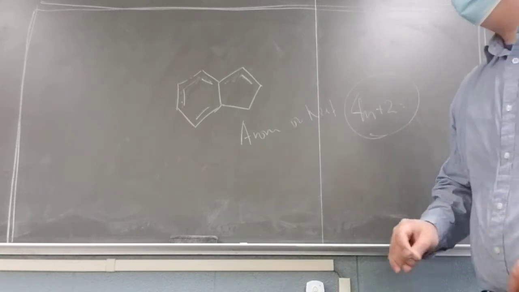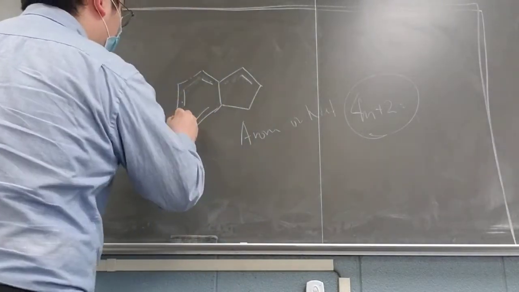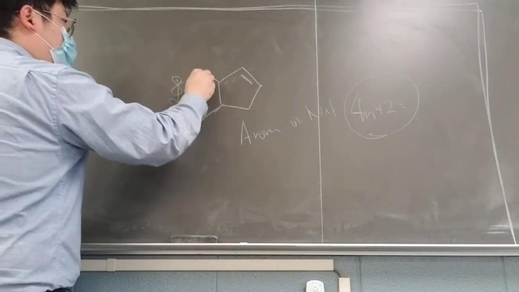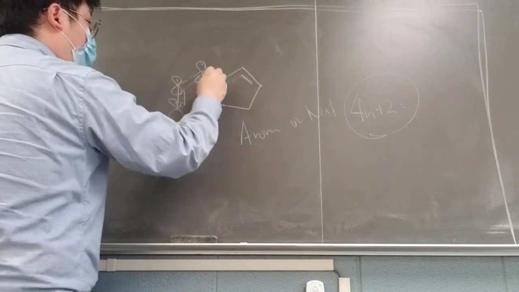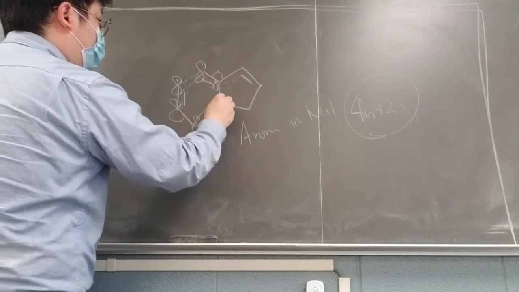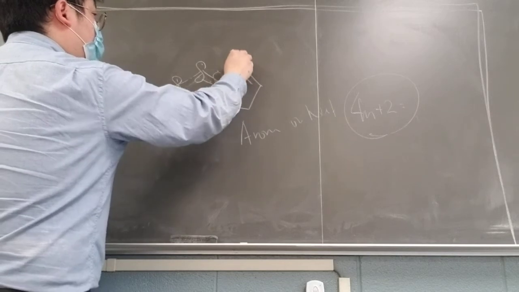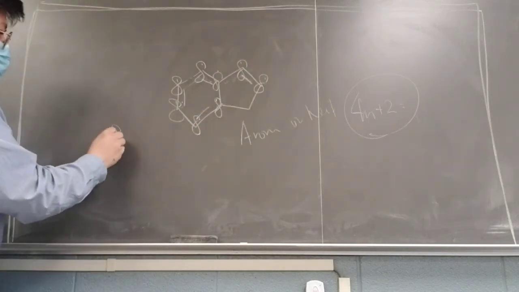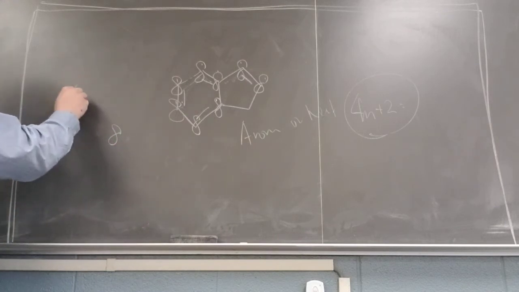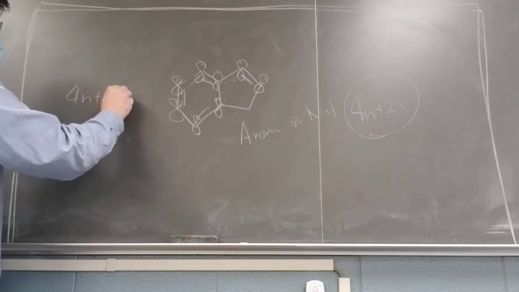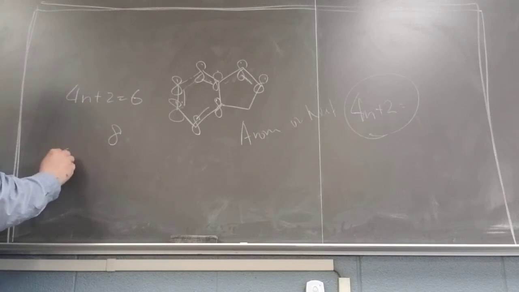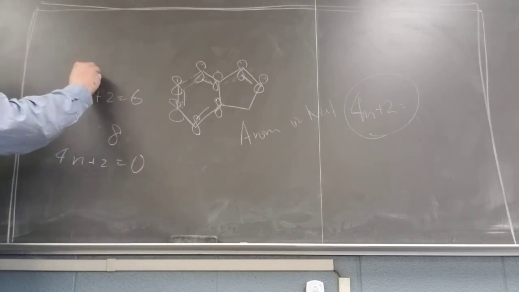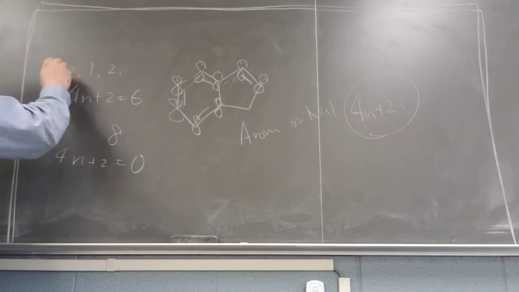Okay, so let's count the pi electrons over here. It'll be 1, 2, 3, 4, 5, 6, 7, 8. So if it is 8, it cannot satisfy either 6 or 10, because n can be only integers, including 0.